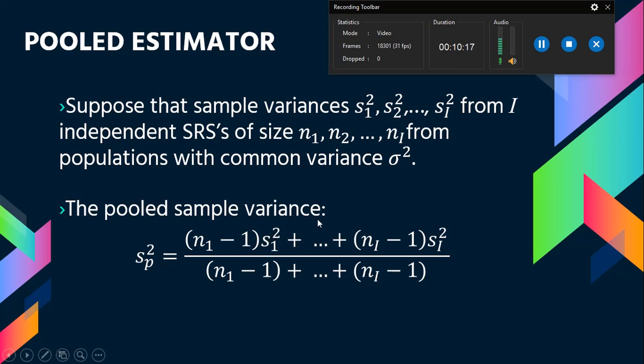And then we're going to add the next group, and it will be sample size N2 minus 1 times that variance or standard deviation squared. So the entire numerator will be the sample size minus 1 times the variance. In the denominator, it's each sample size minus 1 until you have the sum of all. And this is considered an unbiased estimator of the variance for sigma.